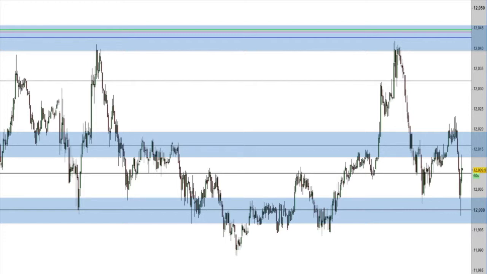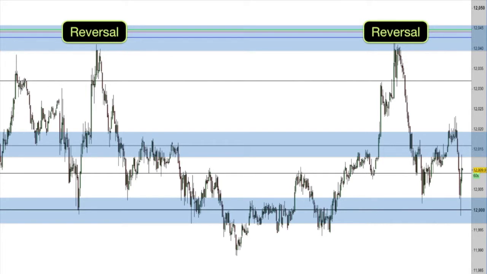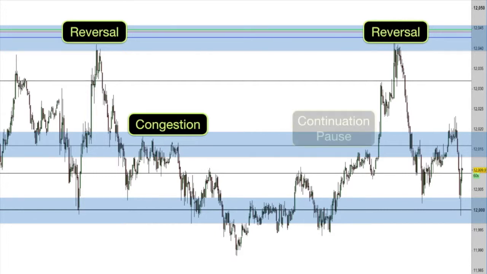There are three likely scenarios for a price reaction to support and resistance. So price stalls and reverses, that's the first scenario. Price stalls and then stays at that level in what becomes a congestion zone. And price moves straight through the level, and after a short pause, maybe even a micro pause, it just keeps on going.